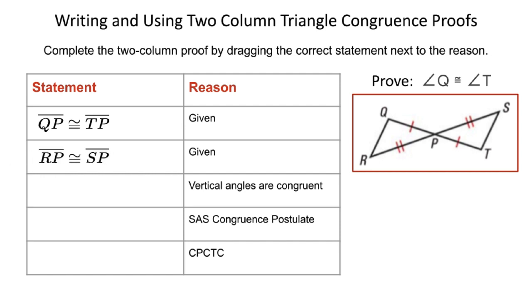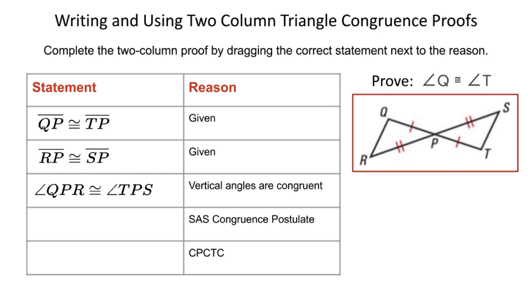Now by vertical angles being congruent, and we're going to use the three-letter names of these angles, angle QPR is congruent to angle TPS. Now we have two sides and the included angle of one triangle congruent to two sides and the included angle of the second.